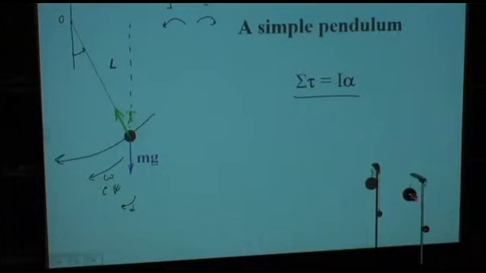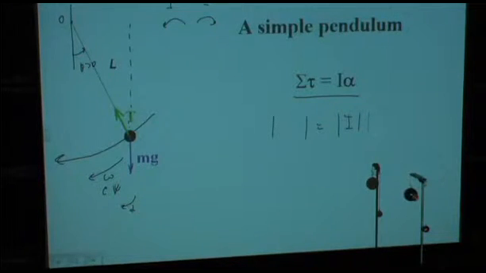Negative, negative. The angle is positive. This angle is positive. So that's a problem.